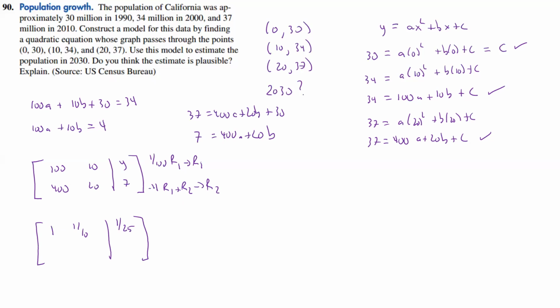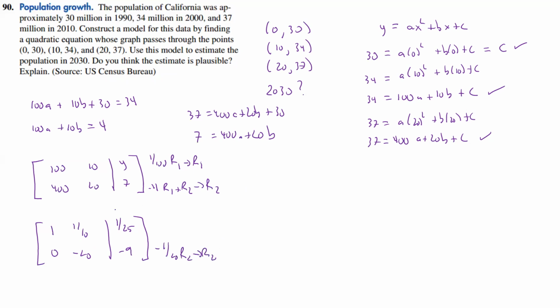Minus 40 plus 20 is minus 20. And 4 times that, minus 16, so that's going to be minus 9. Now I need to get this to be a 1, so I'm going to take minus 1/20th row 2. That's going to be my new row 2.